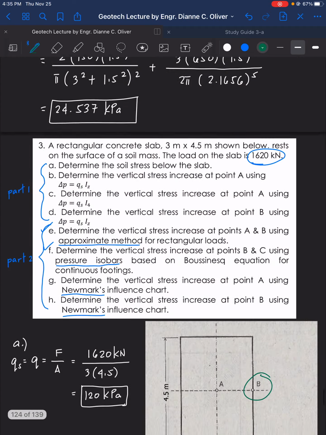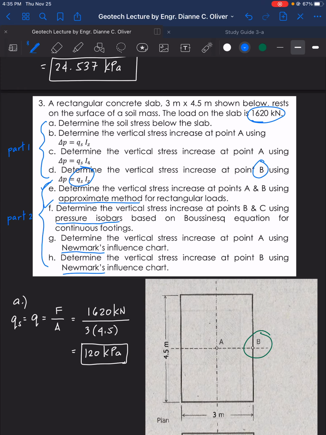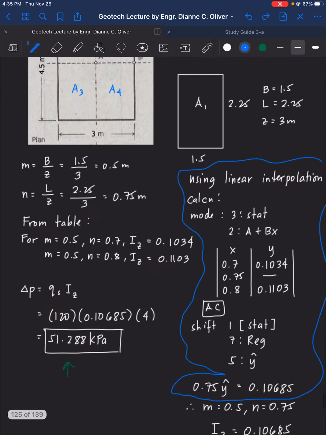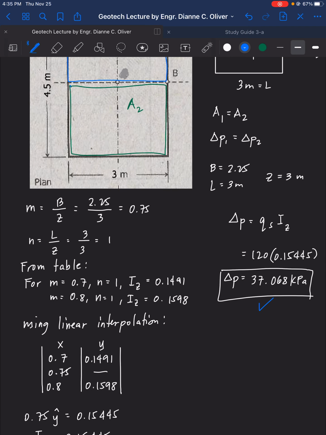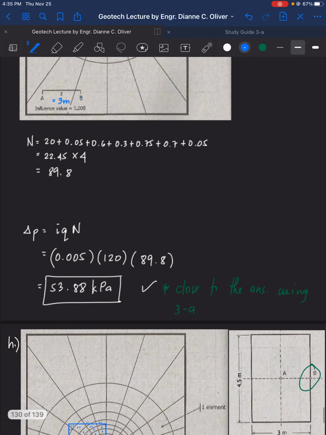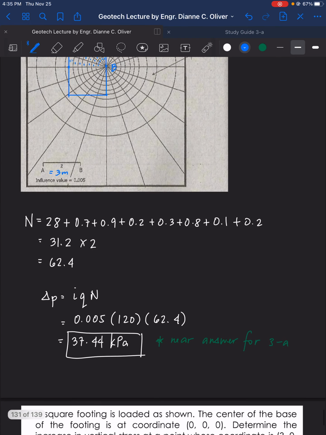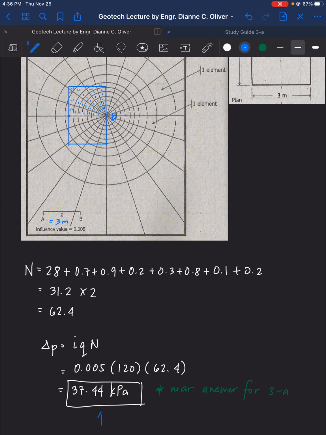Okay, using point B, this one here at part D is 37.068. So we got a 37 here. It's very near. So it means we did not go wrong. Okay, so it is near. So that's for number 3.